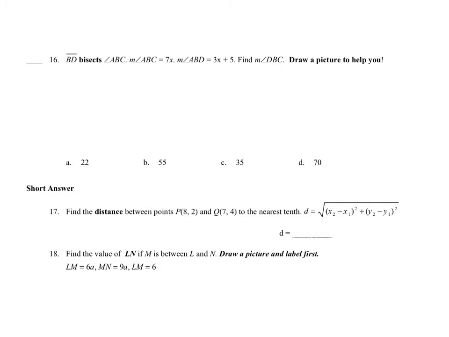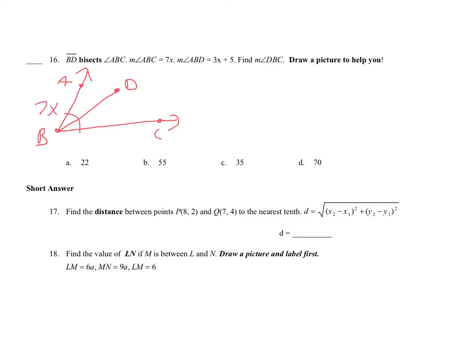Okay, BD bisects ABC, so let's draw a picture to help us get a better visualization of what this looks like. We have ABC, and BD bisects ABC. So this says that ABC is 7x, so the entire angle is 7x.